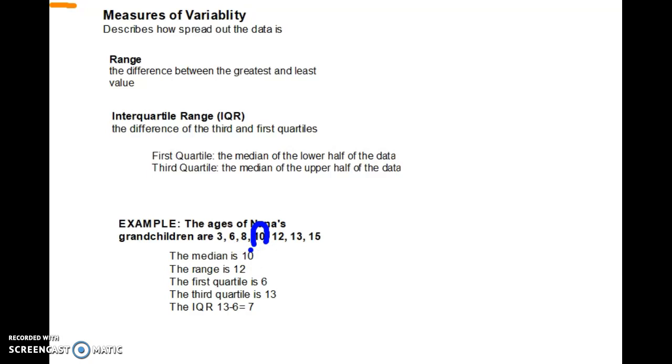So this doesn't get reused. Now we're going to find the median of our lower half of data in the same way. We end up with the 6. Okay, and then our upper half of the data, we end up with the 13. So 13 minus 6 gives us 7. So our range is 12 and our interquartile range is 7.